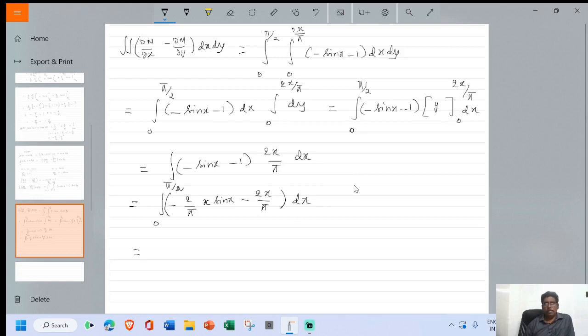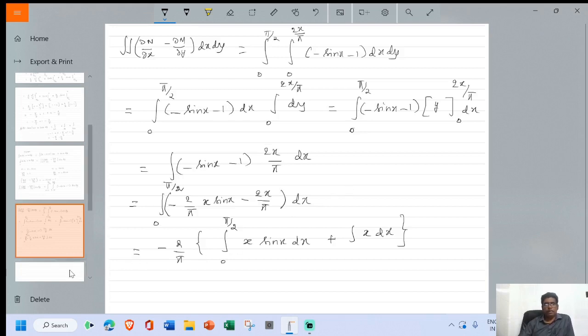Now the limit varies from 0 to pi by 2, carefully check it. Here take out minus 2 by pi commonly outside: 0 to pi by 2 of x sin x dx. We have taken out minus 2 by pi outside, therefore this is plus the integral of x dx.